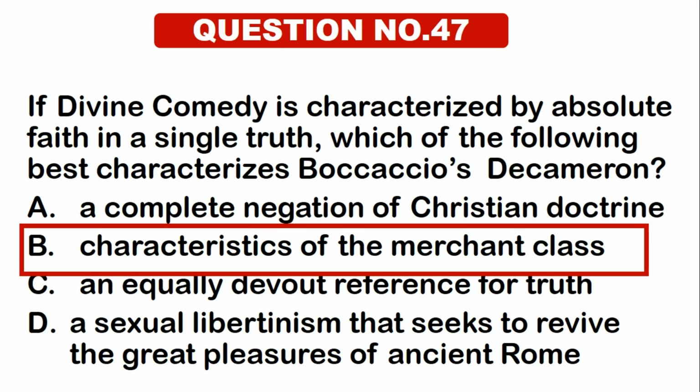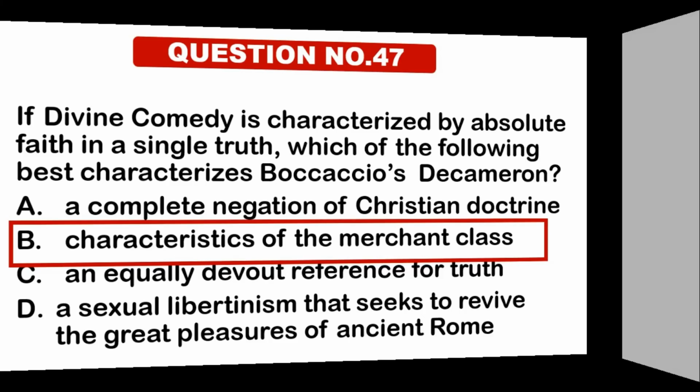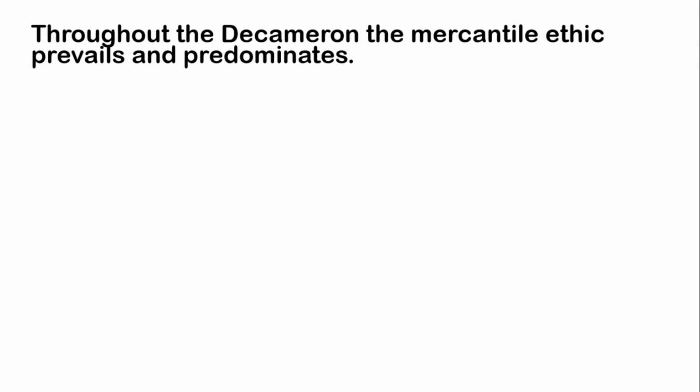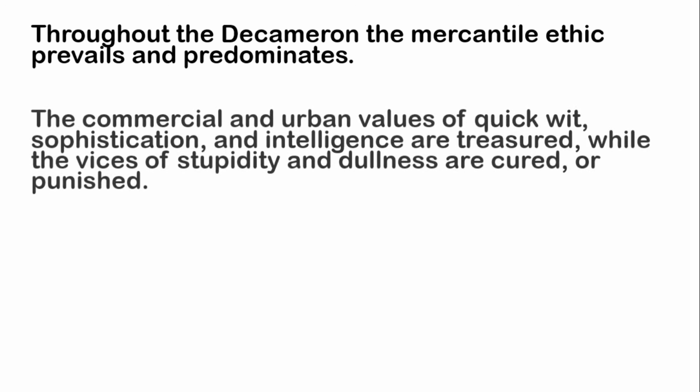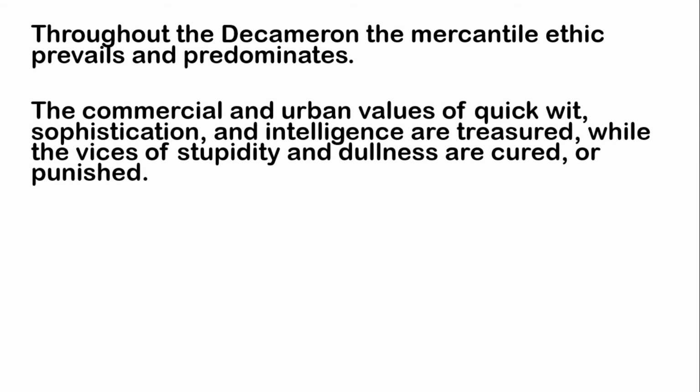Giovanni Boccaccio's Decameron is called the epic of the merchant class. Throughout the Decameron, the mercantile ethic prevails and predominates. The commercial and urban values of quick wit, sophistication, and intelligence are treasured, while the vices of stupidity and dullness are cured or punished.